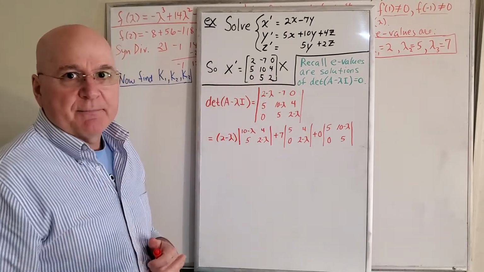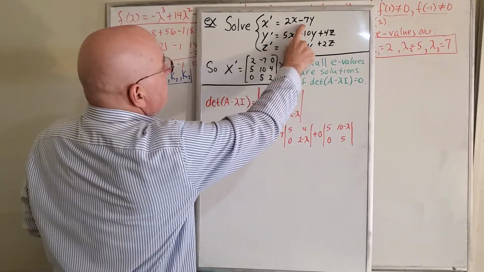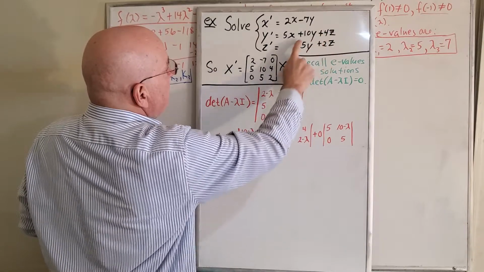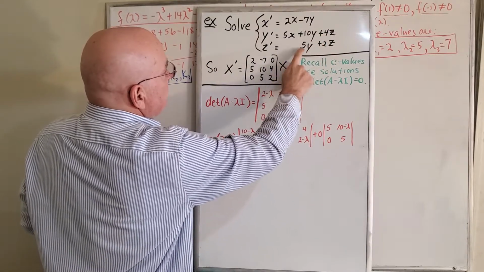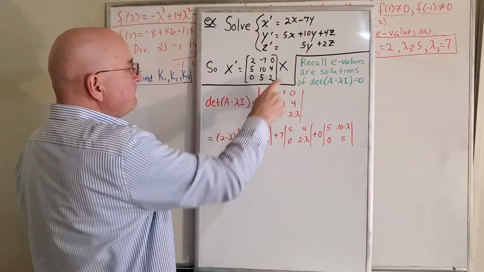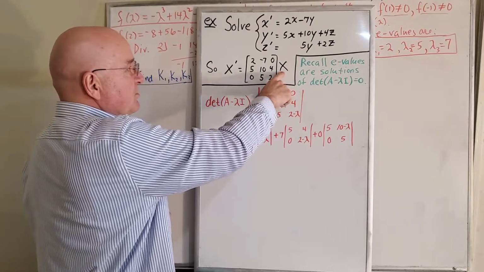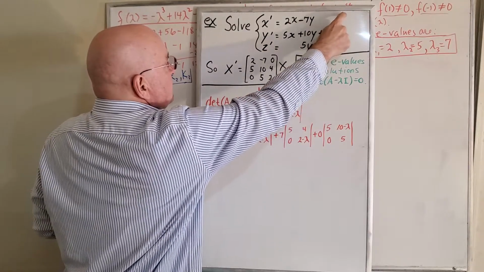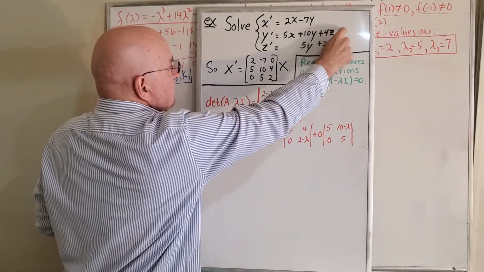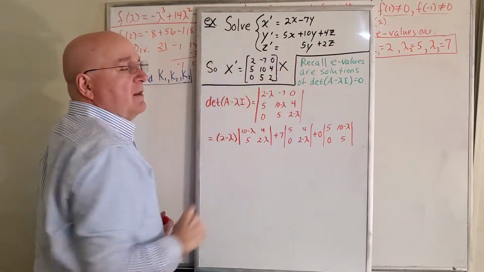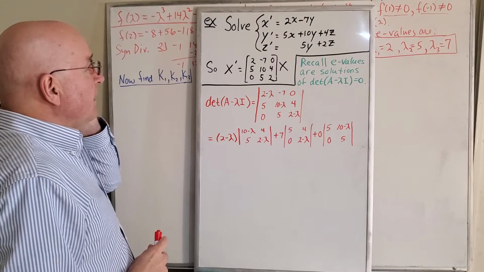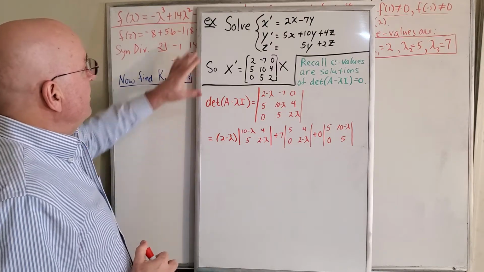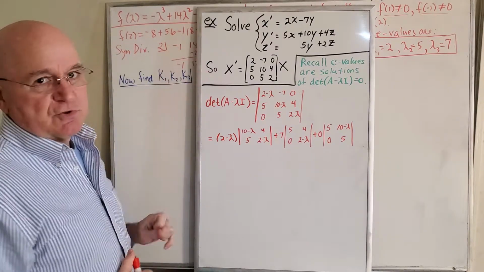I usually call that capital A. It came from 2, negative 7, 0, 5, 10, 4, the coefficients, 0, 5, 2. X is our solution. That's what we're looking for. X is the column vector little x, little y, little z. Okay, so we have our system that we're trying to solve.